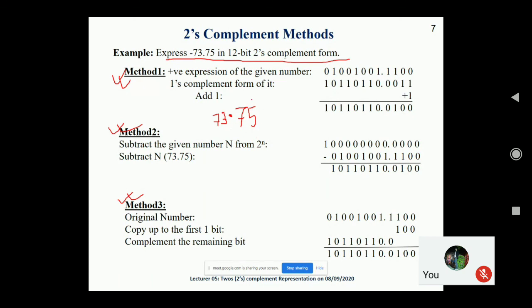How can we convert the fraction part to a binary sequence? So from this we are getting this particular number. After that, we convert this particular number to this one with the help of complement. That is called the ones complement, 0 to 1 or 1 to 0. Now we are doing the 2's complement. So here we are adding plus 1. So this is the first method, which is very simple.